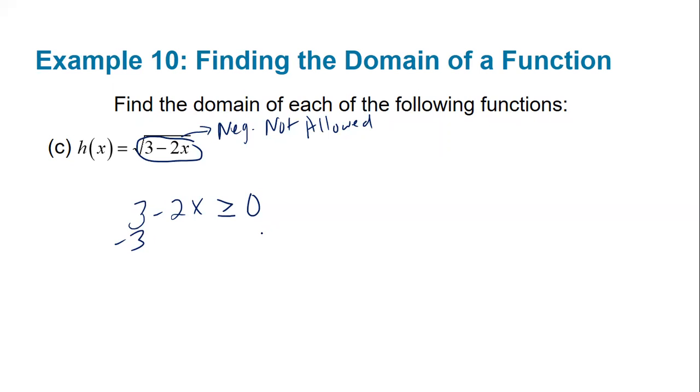After I subtract the 3, what am I going to do? Divide by -2.